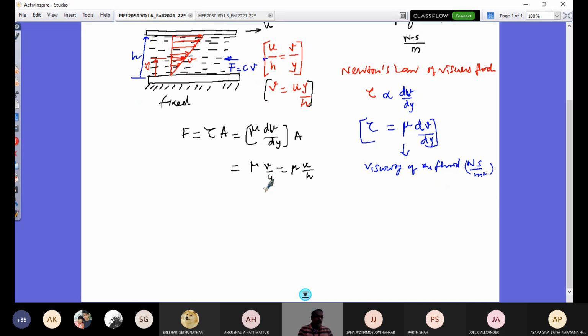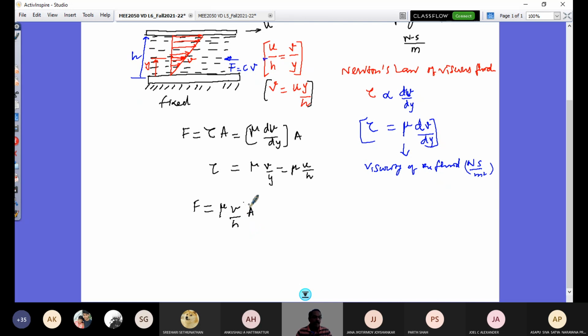So if I have to write my shear stress expression, it is given by this, and hence for the force, substituting this over here, I get mu into u, that is v by h, into A, right?